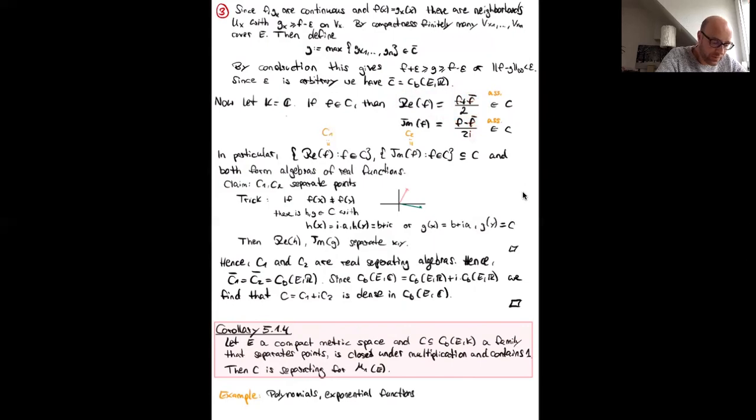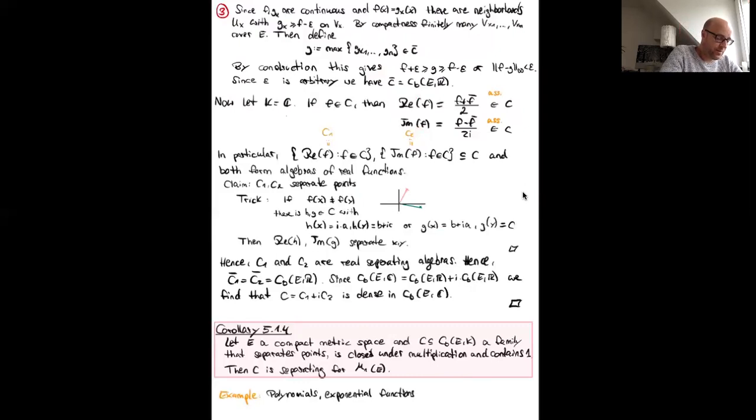Now, very important, we assumed that for complex functions, that algebra of functions is closed under complex conjugation. So this is in C, this is in C, the sum is in C, dividing by 2 is in C, this is in C. So real part, same for imaginary part, are both in C.